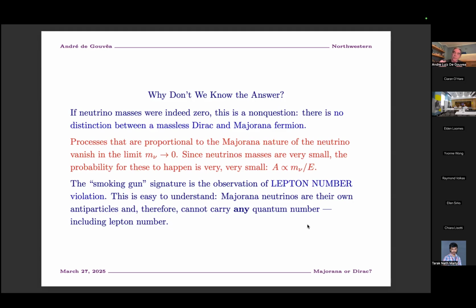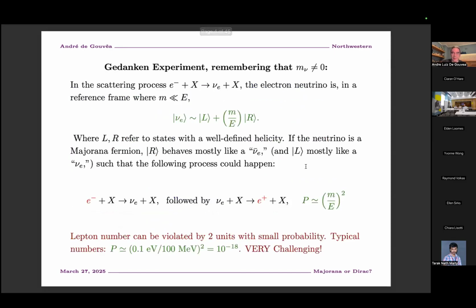And because we want to equate the left-handed neutrino with the left-handed antineutrino and the right-handed antineutrino with the right-handed neutrino, this concept of lepton number can't be well defined because I have equal and opposite lepton number assigned to the same state.